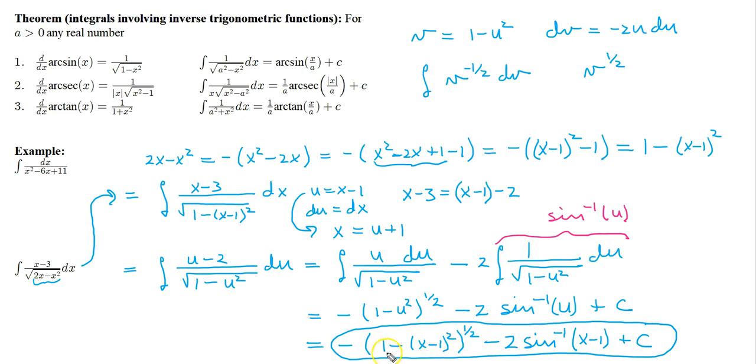And if you wanted, you could FOIL out the x minus 1 squared and simplify what's in here a bit. Of course, all of this will just simplify as 2x minus x squared. It will just simplify to this right here. If you wanted to FOIL out the x minus 1 squared, the 1 will cancel, and you'll end up with this again. And so there we go. That's our answer.